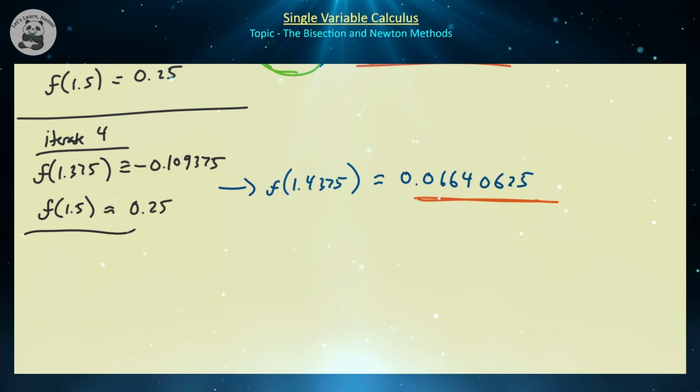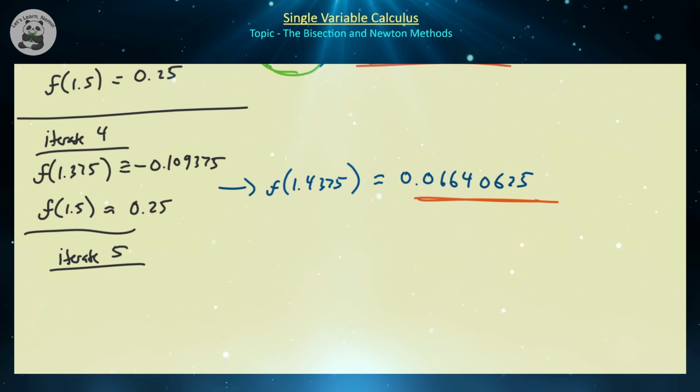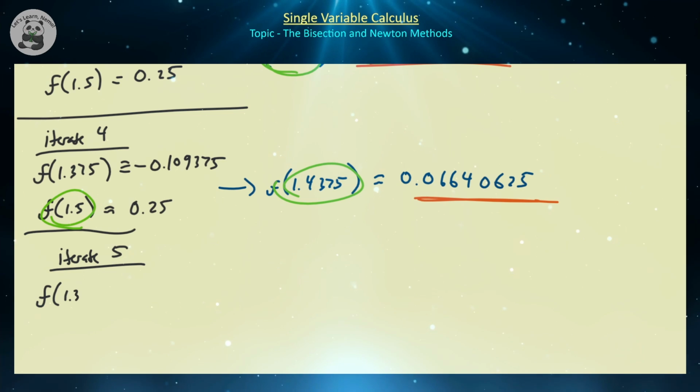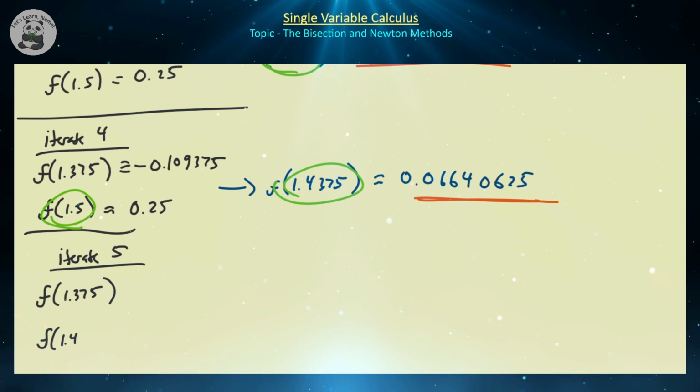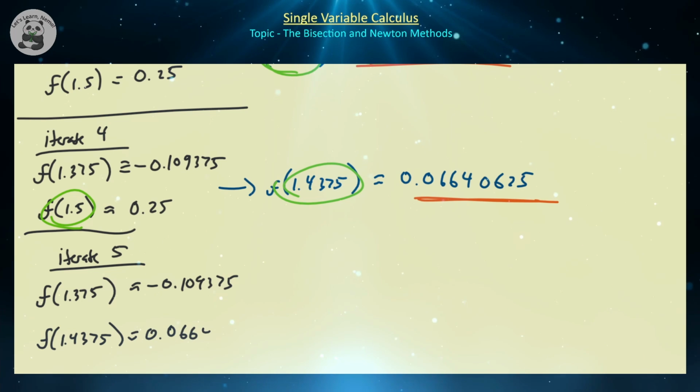So our next iteration would look like what? So iterate number 5. So this is positive, which means we're going to be replacing our positive upper bound. So we're going to have f of 1.375 and f of 1.4375, which is approximately equal to negative 0.109375. That's approximately 0.0664065. Right?